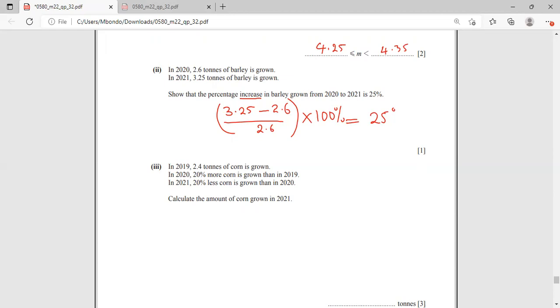We have to understand that this is the tonnage that was grown in 2019. And we are told that in 2020, 20% more was grown. So we have to increase the percentage.